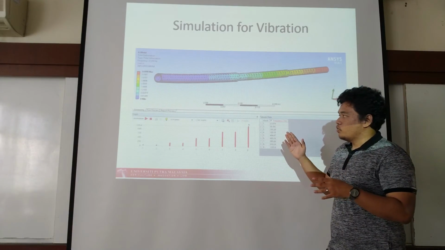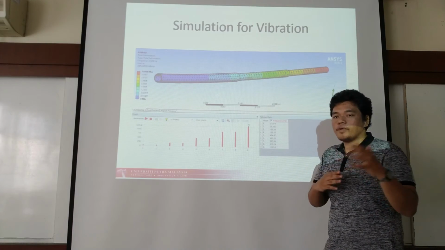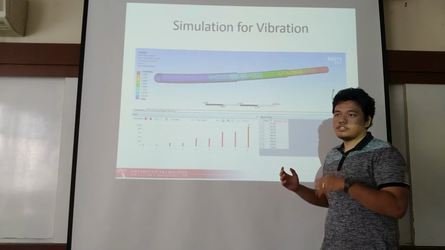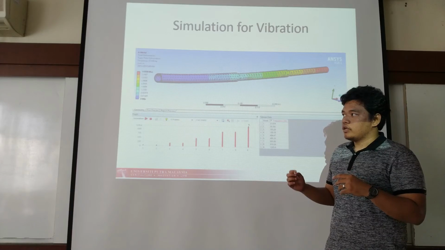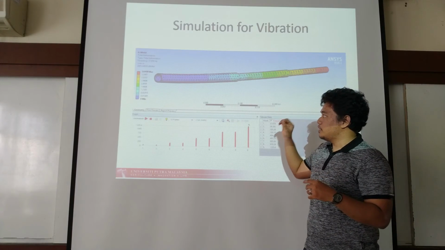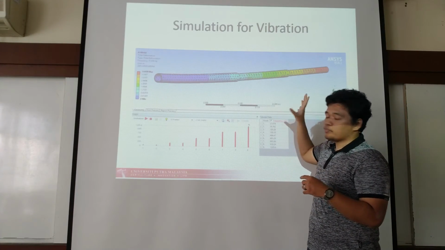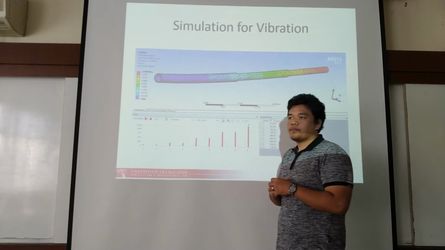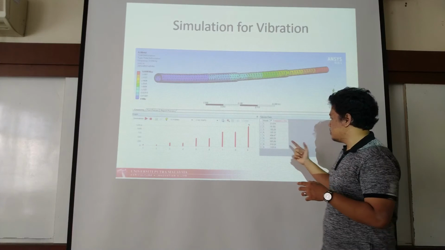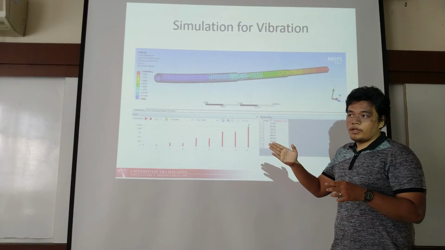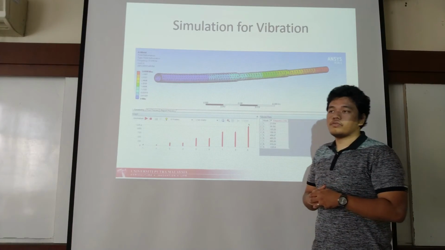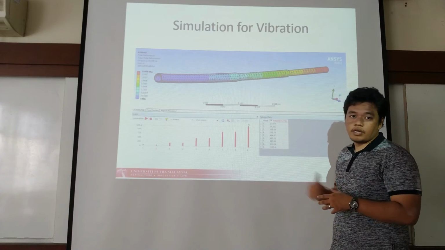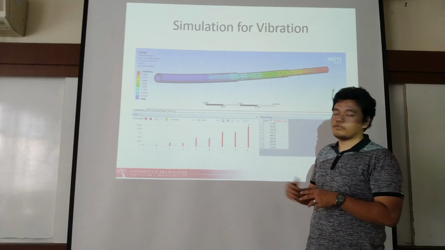If we compare the theoretical calculation and the simulation, we can see that this pole can adapt with the minimum and the maximum, because the theoretical calculation that we get is lower than the maximum natural frequency that we get from this simulation.